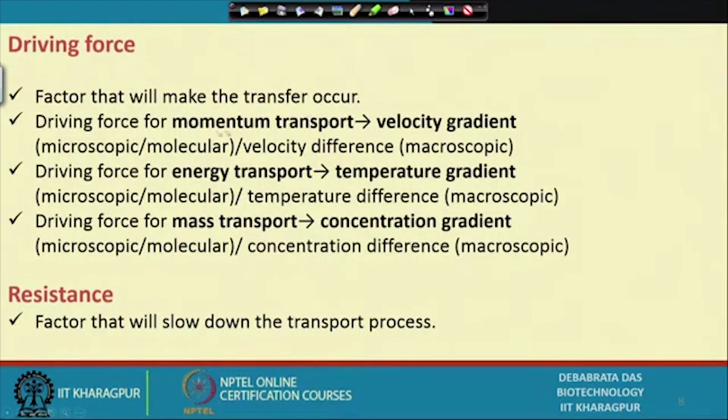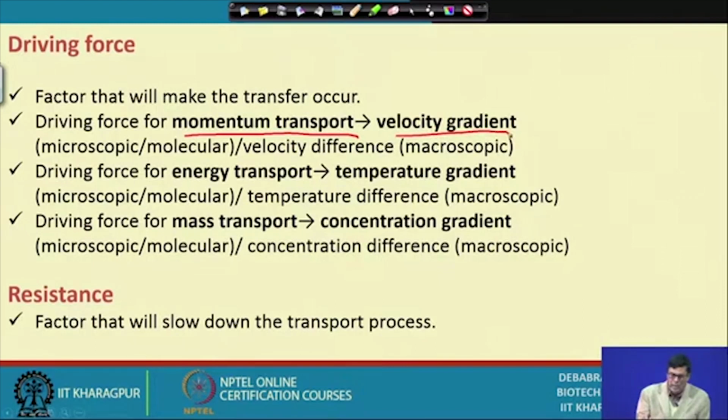For momentum transport the driving force is the velocity gradient, and it may be microscopic, molecular, and velocity difference. The momentum, as I understand, is mass into velocity. Am I right? So the velocity gradient plays a very important role. Energy transport is driven by the temperature gradient.